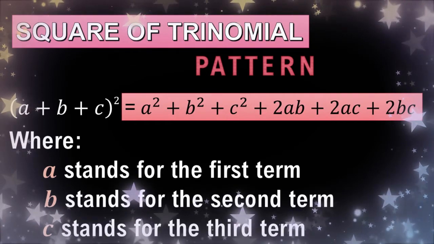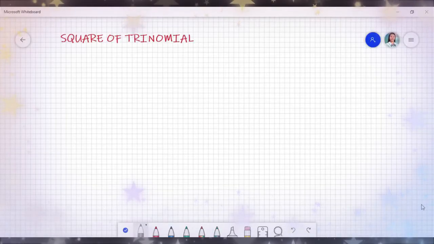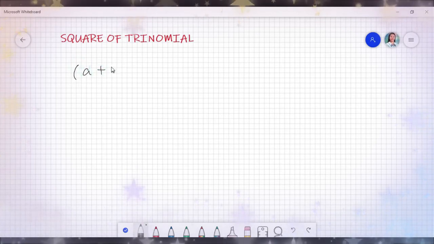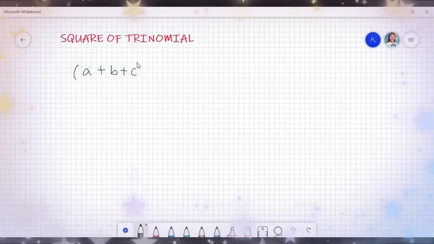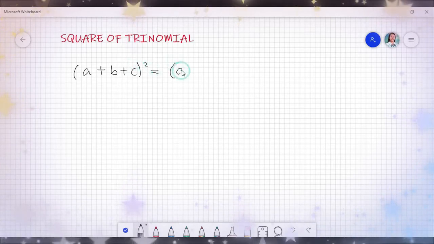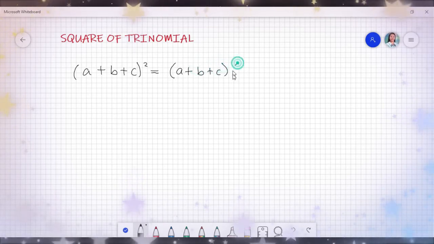But how do we get such a long pattern? So this is how we get the pattern of square of trinomial. If you're going to square a trinomial (a + b + c) squared, it means that you're going to multiply a plus b plus c by itself.